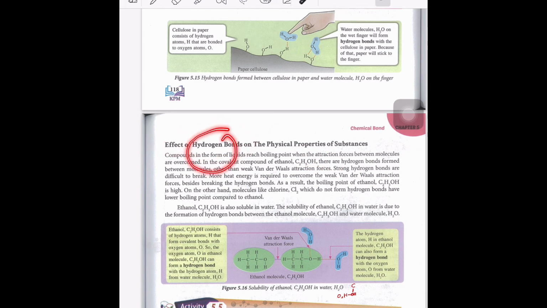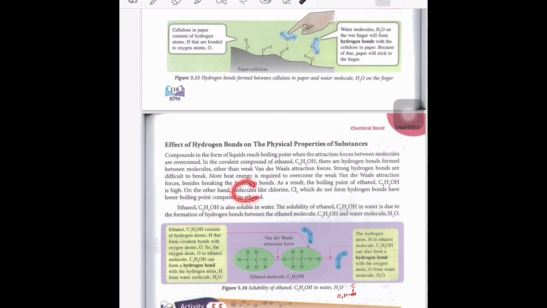Kalau ada hydrogen bond, maksudnya the boiling point of that particular substance is going to be high. Okay? On the other hand, dalam contoh yang lain lagi, molecules like chlorine which do not form hydrogen bond. Memanglah tiada. Chlorine kan, Cl dengan Cl, bukannya even ada H dengan Cl pun masih lagi tiada hydrogen bond. Tiada. Only the H and also F, O atau N saja ada hydrogen bond.